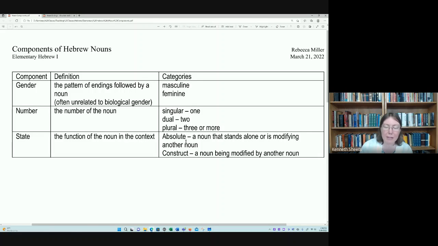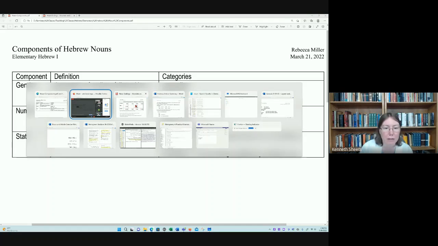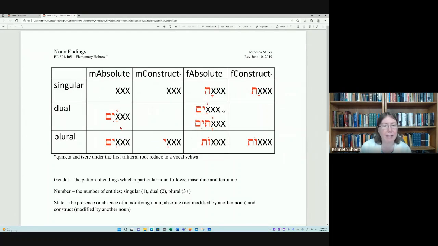At this point, we went over the different noun endings, which you can see here, remembering again that those three X's indicate the triliteral root, the three letters that form the Hebrew word. So masculine singular absolute, you just have those three letters; there's no ending attached to it.